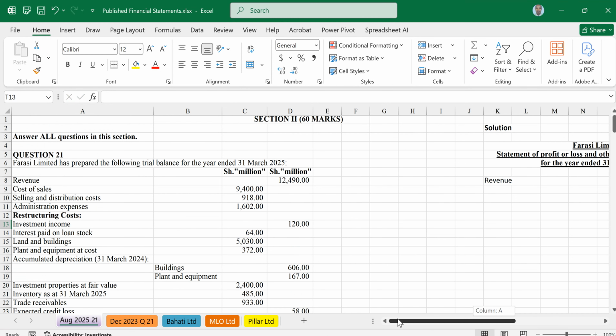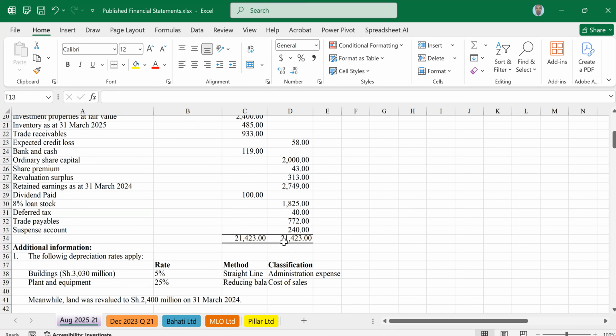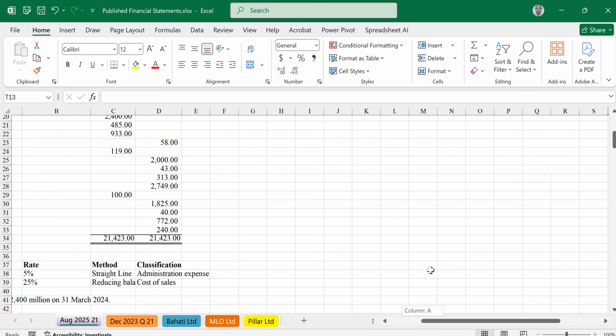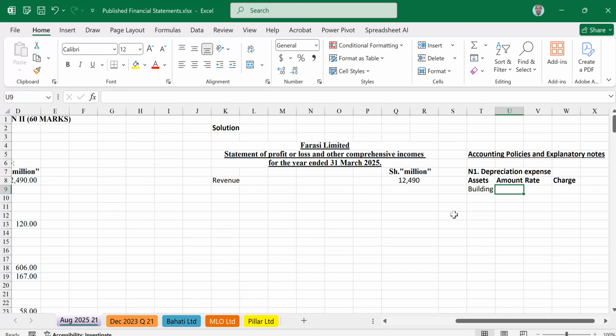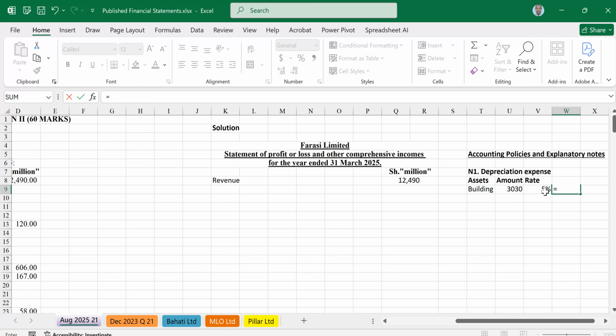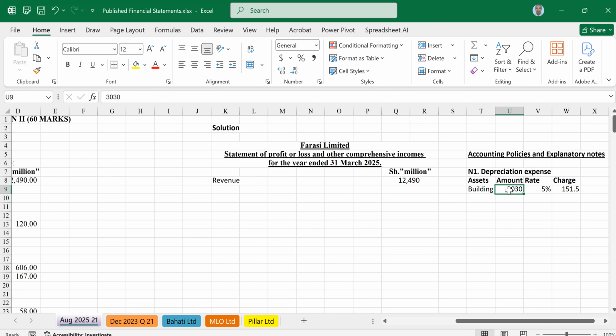The value for building is 3,030,000 at 5%. Now the amount of depreciation will be equal sign 3,030,000 multiplied by the 5%, which is 151.5.